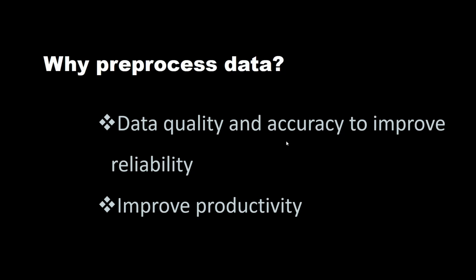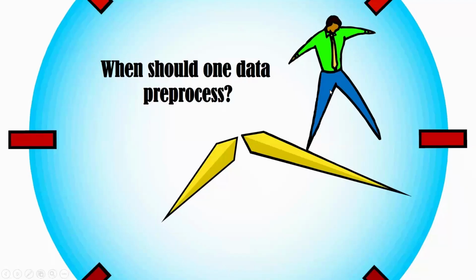The other question we might want to answer is: when should one preprocess data? At which stage, or at what point, should you preprocess data? We understand that it is a stage in the machine learning pipeline or in the data workflow.